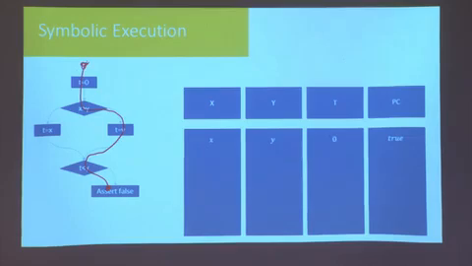We're going to keep an environment that keeps track of the symbolic values of the different variables. And in addition to that, we're going to keep around an environment for constraints.